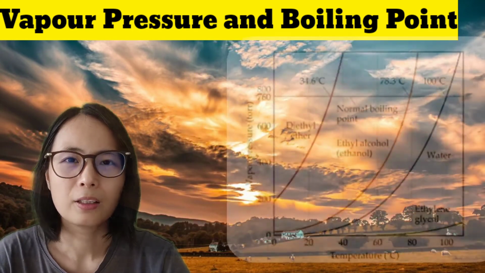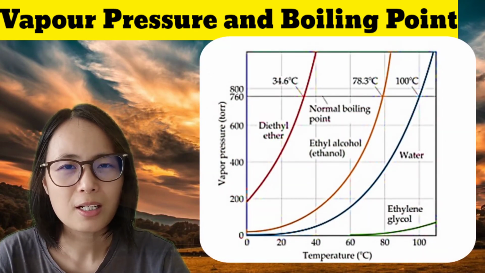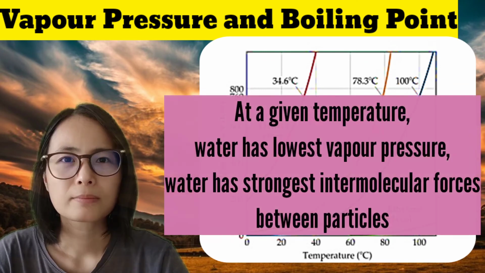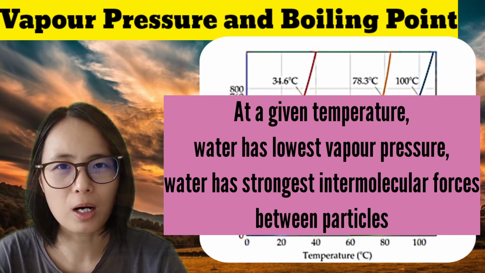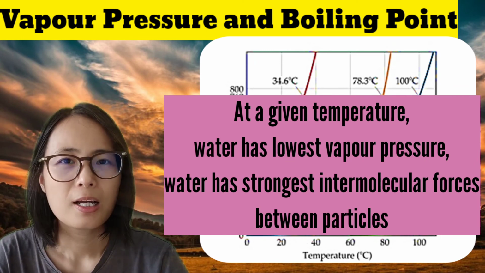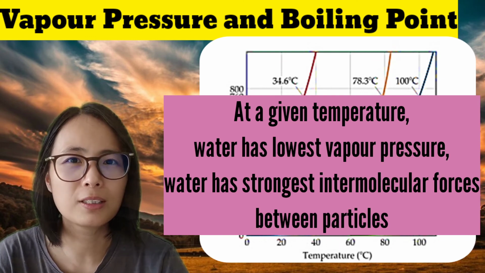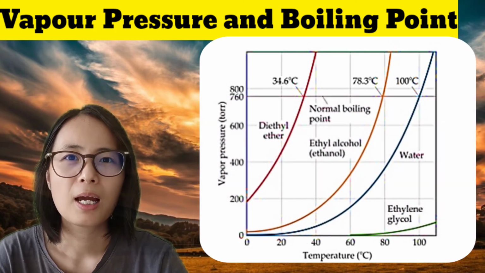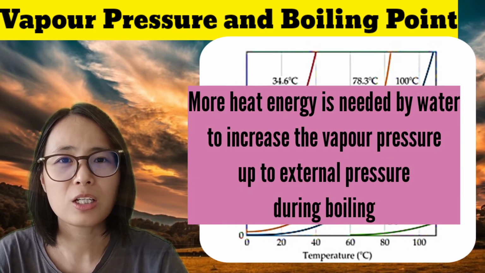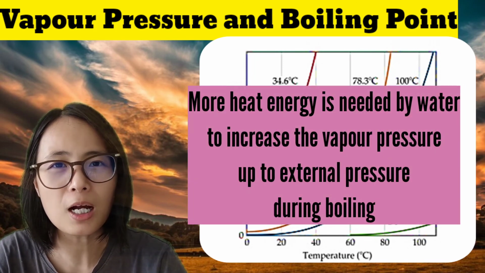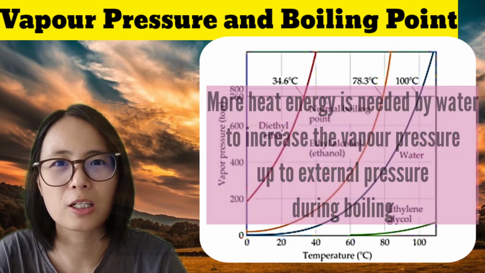For example, among the three liquids, diethyl ether, ethanol, and water, at 20 degrees Celsius, water has the lowest vapor pressure. Hence, water has the strongest intermolecular forces between the particles. Hence, more heat energy is needed to increase the vapor pressure of water up to the external pressure.